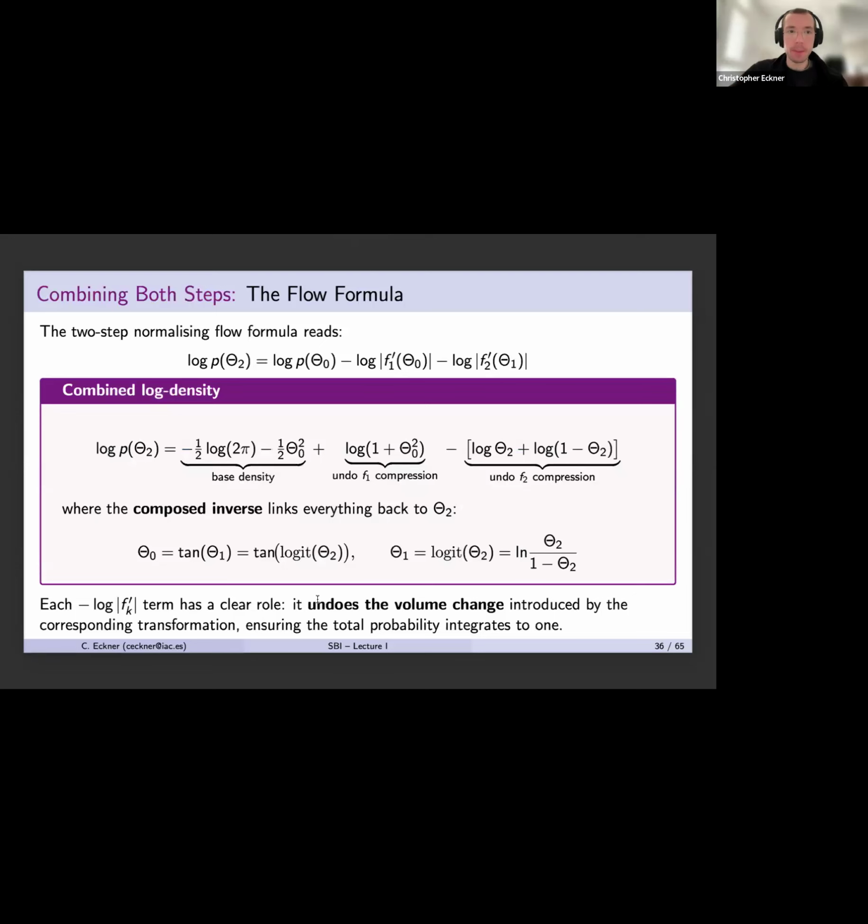Right. Then, again, applying all of this, same computation as before. Now we have to express the original one, so this tangent of theta 1 or theta 0, as the inverse of all of these.